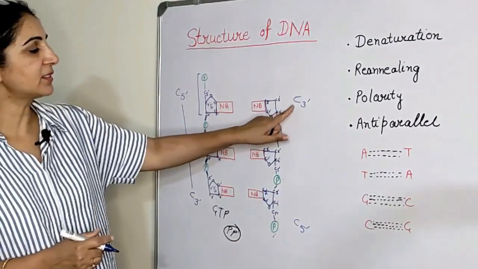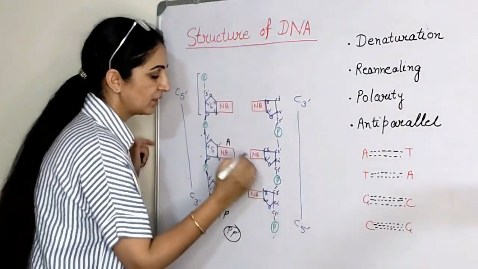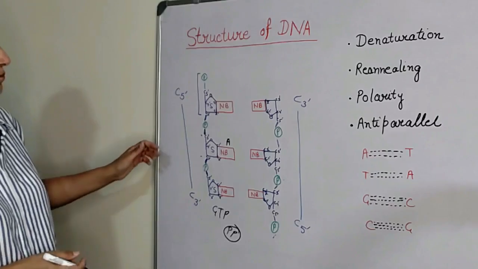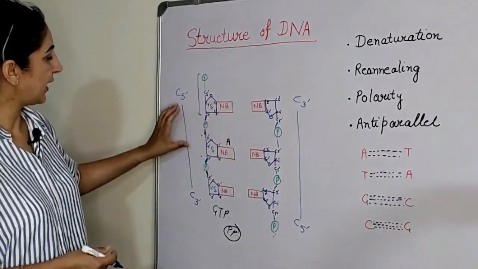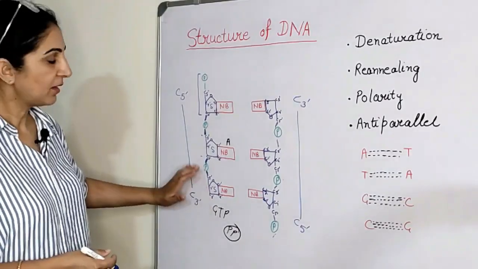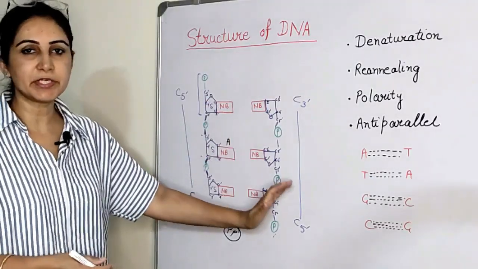Its polarity is C3 to C5, like this. So we can say the two chains of DNA exhibit polarity, but these chains are anti-parallel to each other.